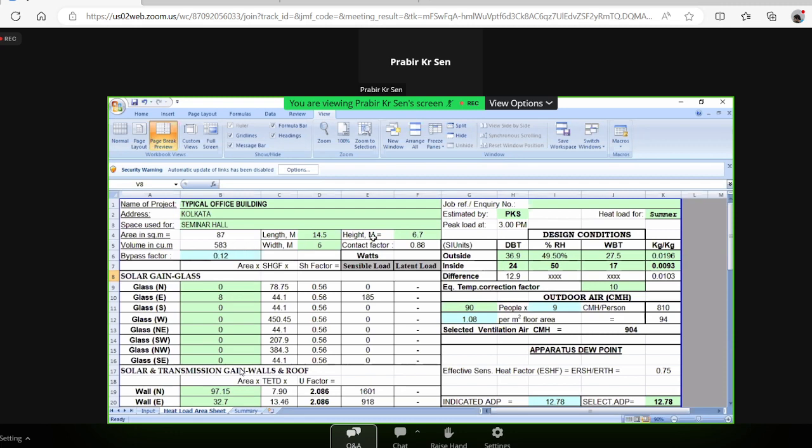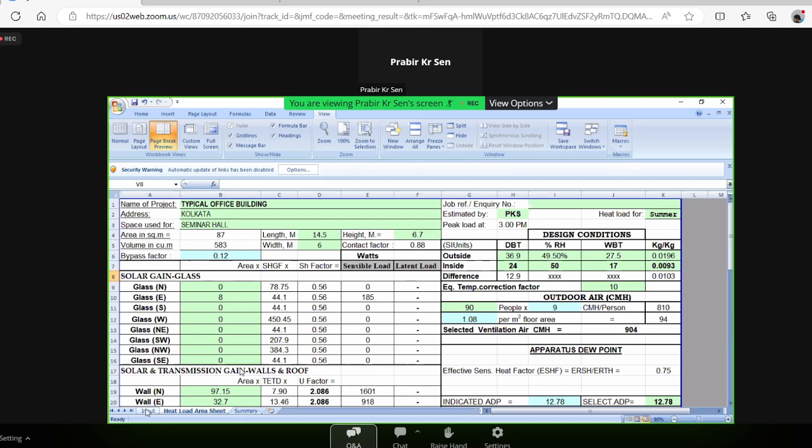Volume, multiply by the height. Bypass factor 0.12, contact factor 1 minus bypass factor. Then outside air for Calcutta 36.9, mean coincident wet bulb temperature is this.